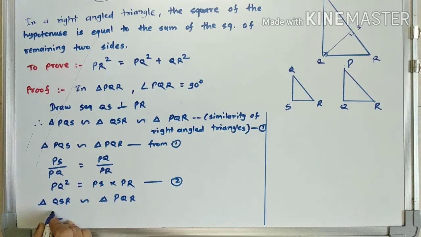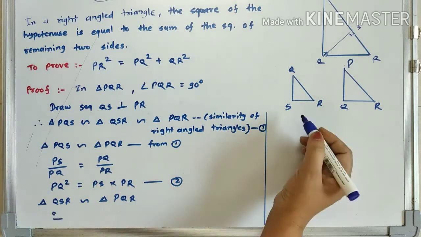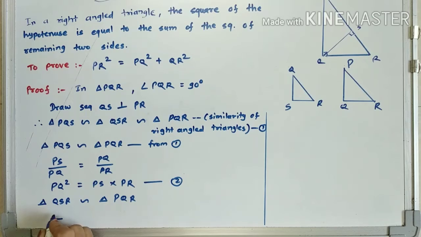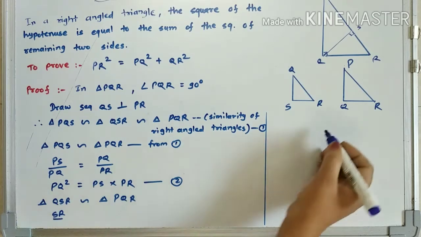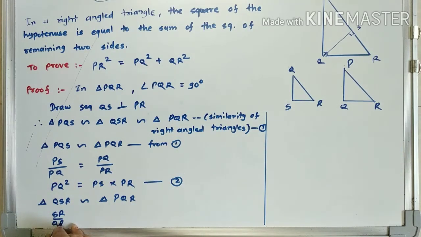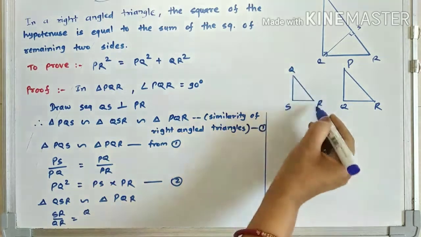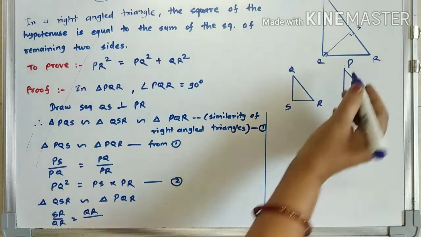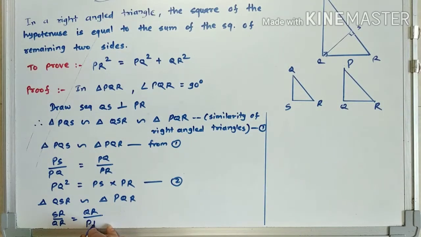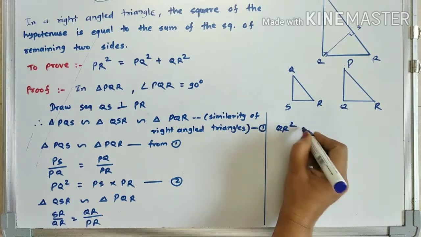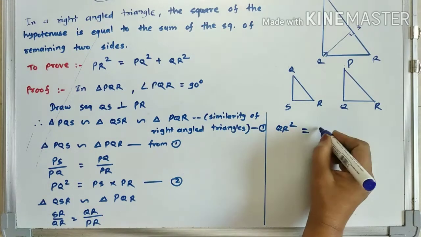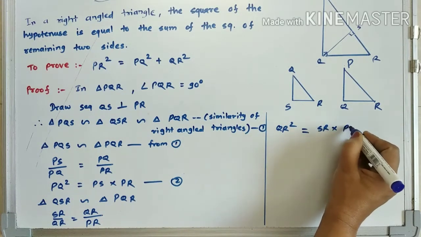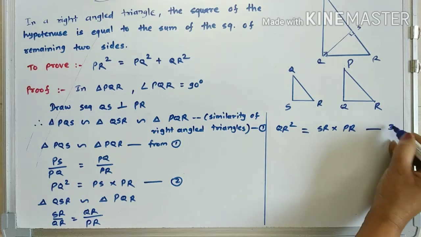So we take SR upon QR equals QR upon PR. QR into QR, QR square equals SR into PR. This is equation 3.